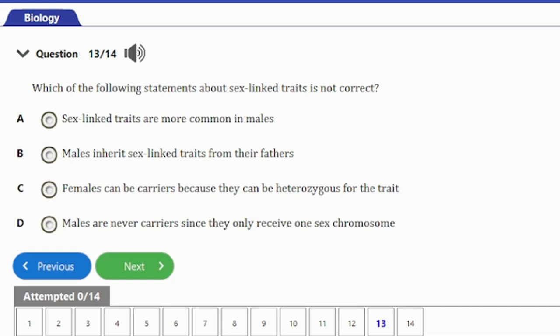So males actually get the X chromosome from their mother and then the Y from their father. So with that, we can say that males actually get the sex-linked characters from their mother and not their fathers. So option B here is the answer to this question.